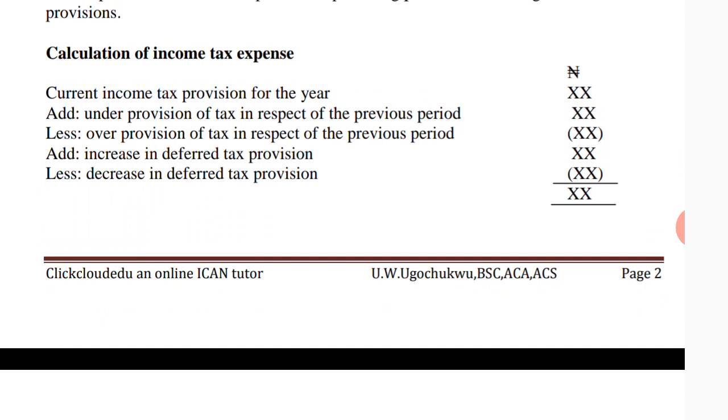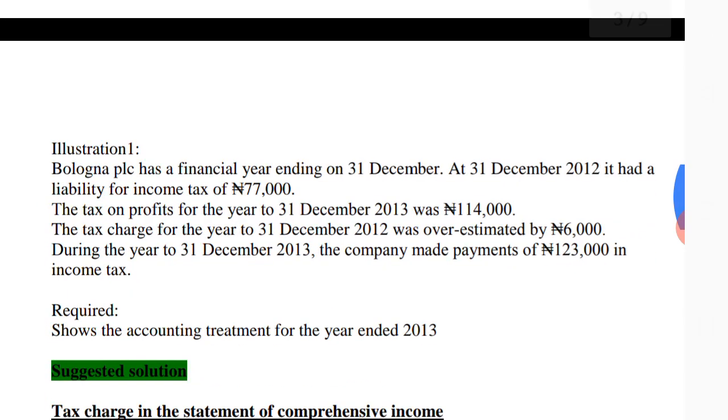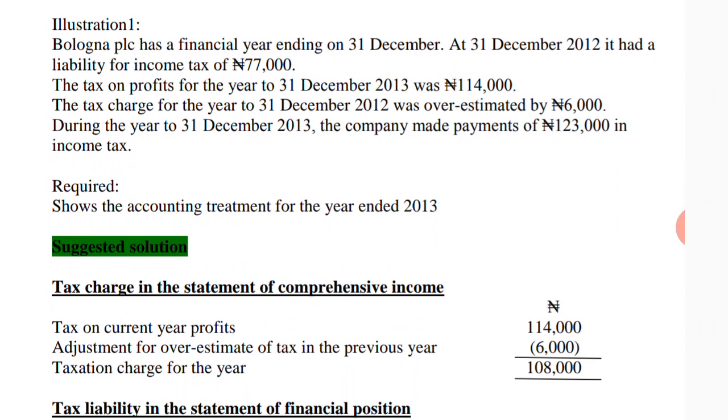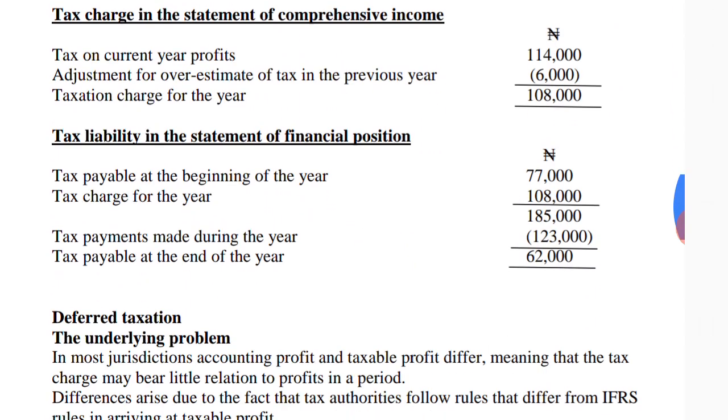We said this must be included before we derive our current tax that will be stated in our profit or loss. Our last class stopped at illustration 1, which is the Bologina, and I explained it with the solution.